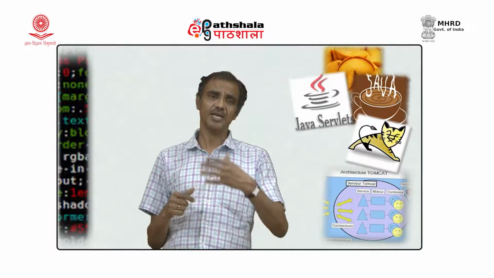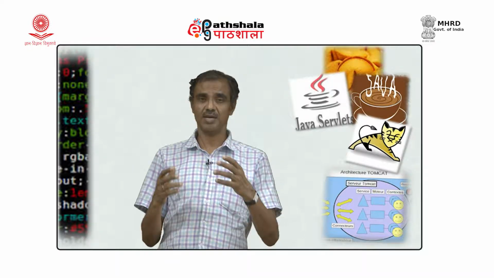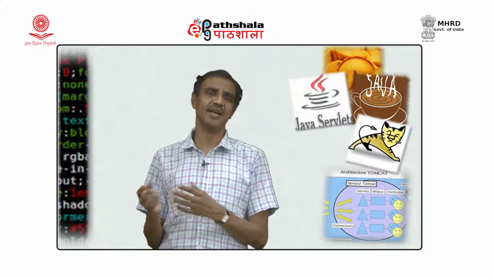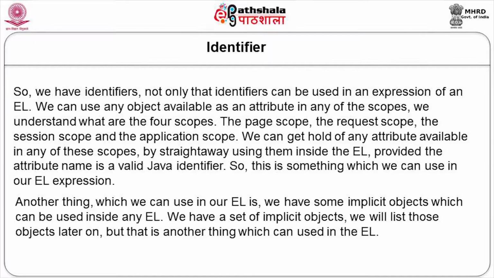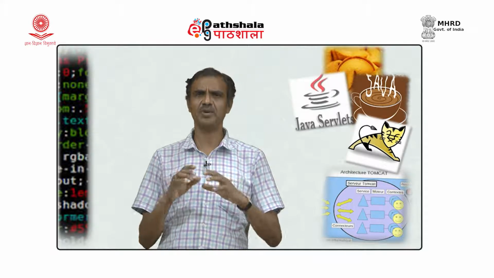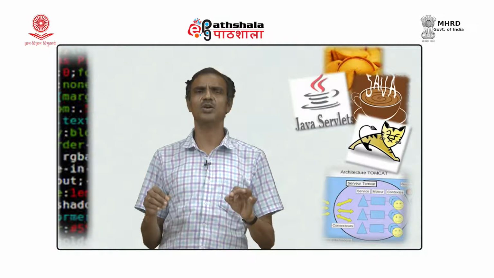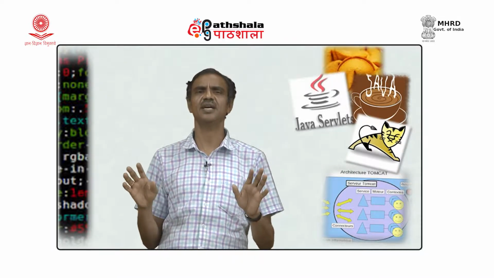These are the objects available as attributes in any of the 4 standard scopes: the page scope, the request scope, the session scope and the application scope. Any attribute available there, you can get hold of by directly using it inside your expression.